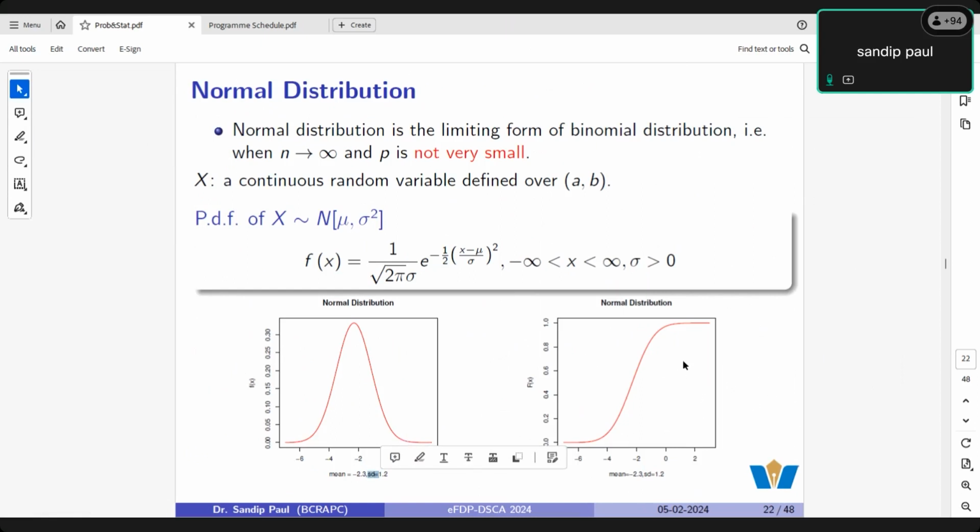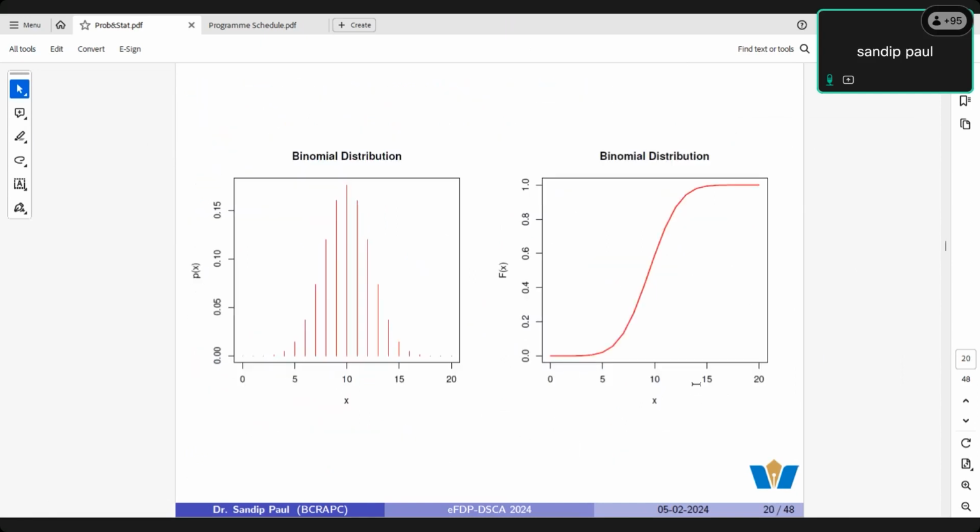Now if we calculate the density function and the distribution function of the normal distribution, it looks like this. You can see there is a similarity between the normal distribution and the binomial distribution. This is binomial and this is normal.